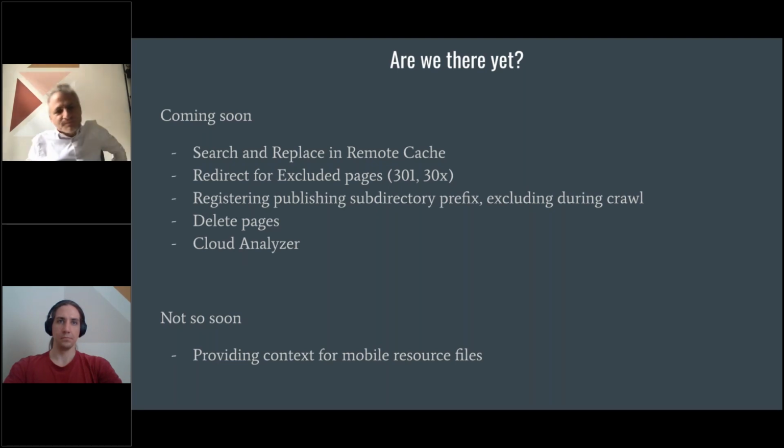And last but not least, this is an absolute R&D area of our office here: how to provide context for resource files, whether they are mobile or content connector related files, so that we can provide screenshots in your XLIFF.